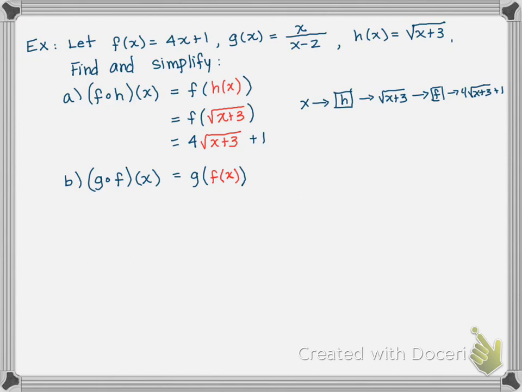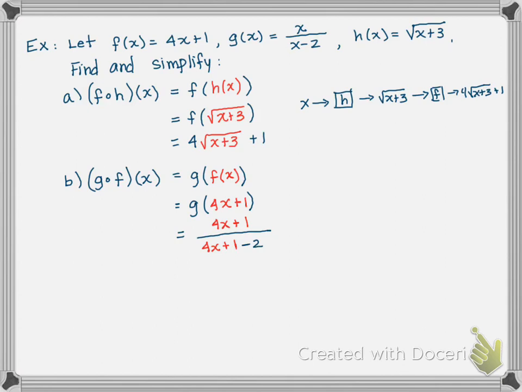So we have g of 4x plus 1. And the function g says take your input and divide it by your input minus 2. So we've got our input, which is 4x plus 1, divided by our input minus 2.